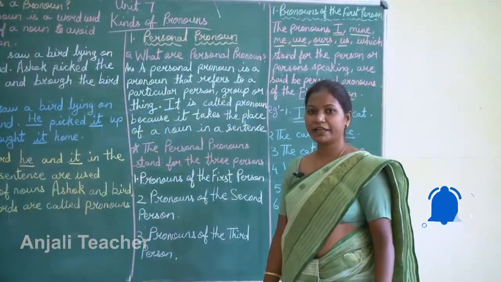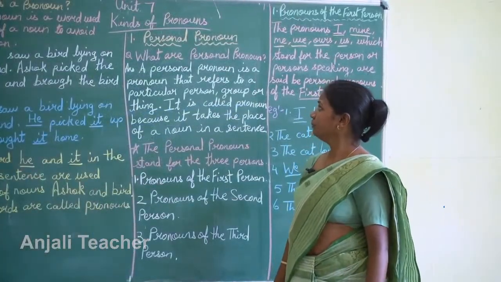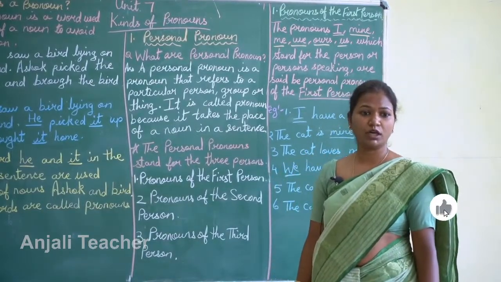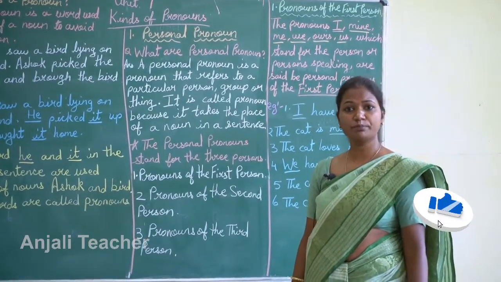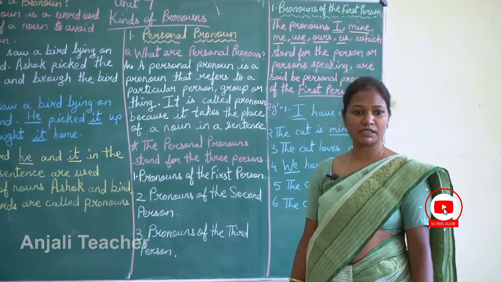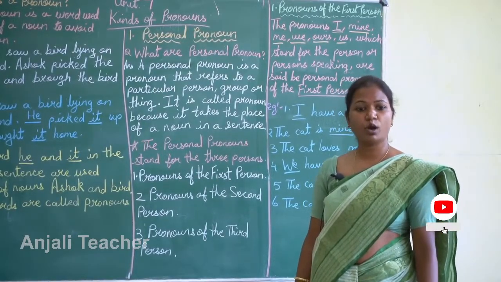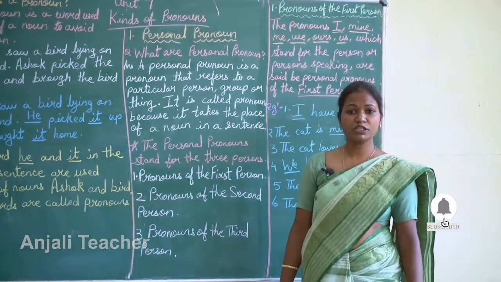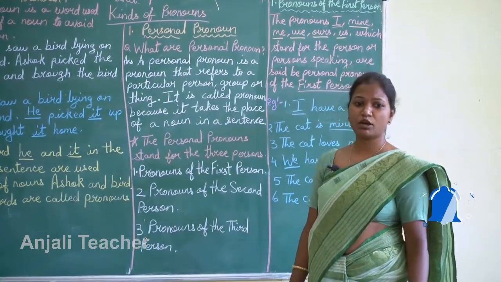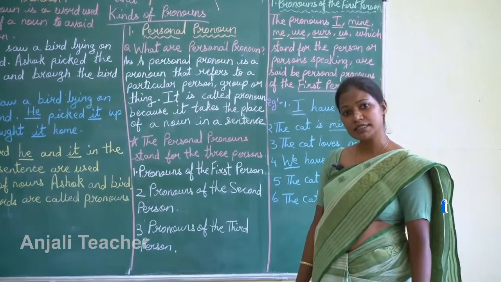The first kind is personal pronoun. What are personal pronouns? A personal pronoun is a pronoun that refers to a particular person, group or thing. It is called pronoun because it takes the place of a noun in a sentence.